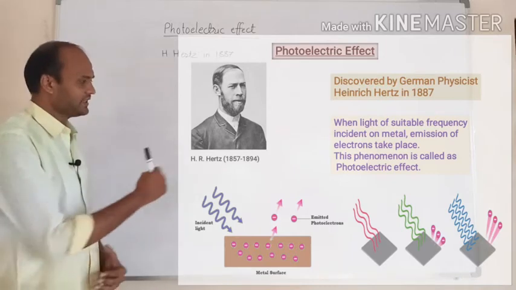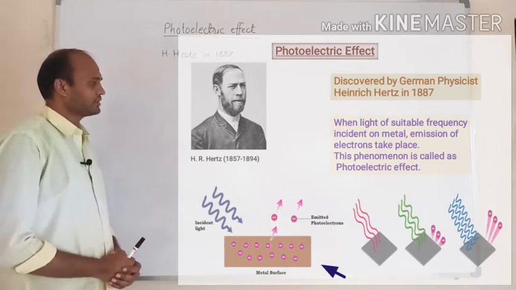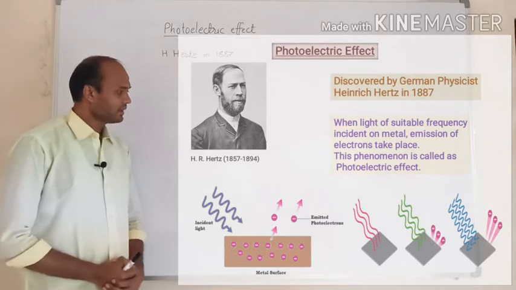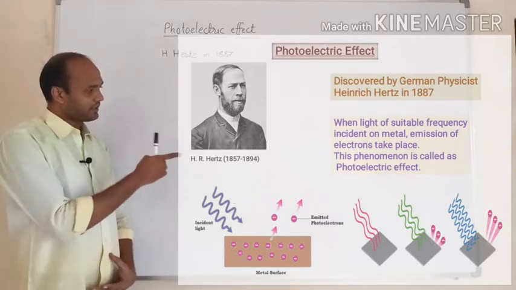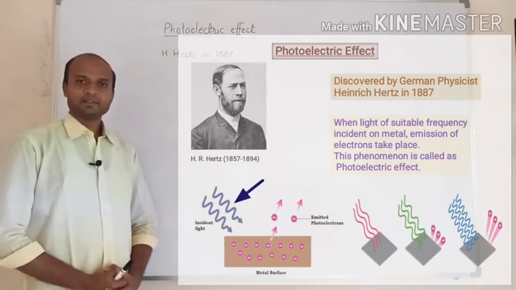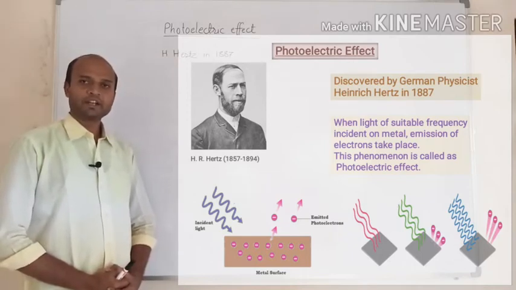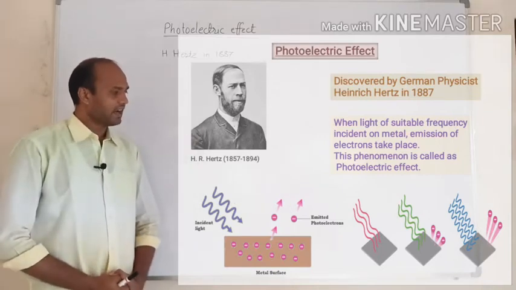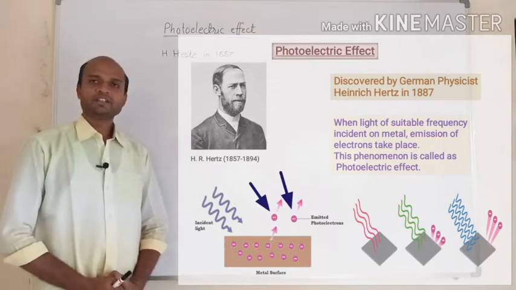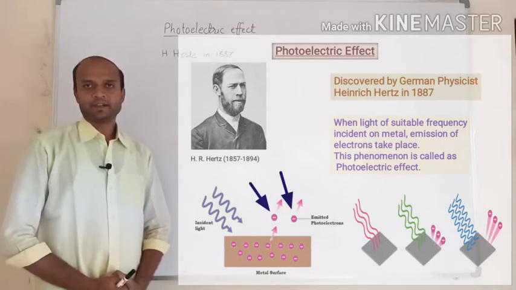Now when this light is incident on the metal surface, emission of electrons takes place. You can see the electrons are emitted, and this phenomenon is called the photoelectric effect.